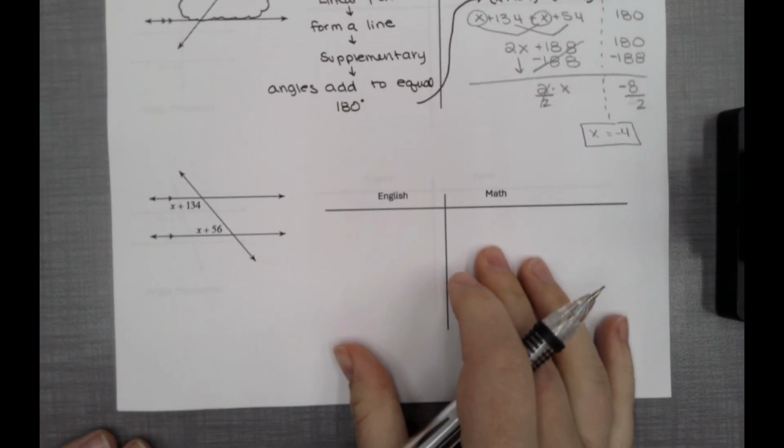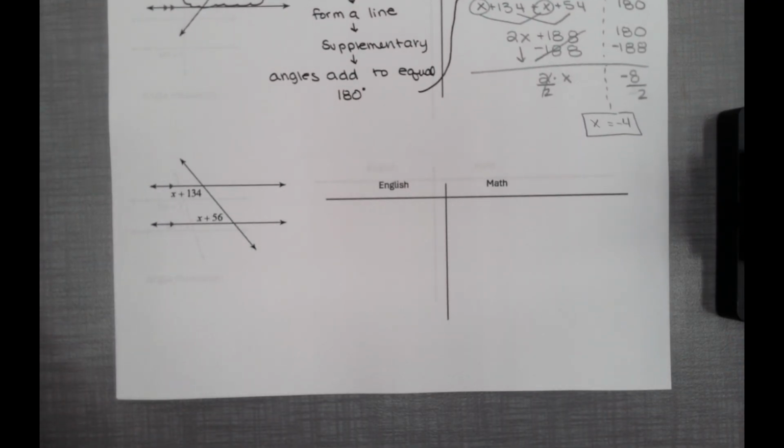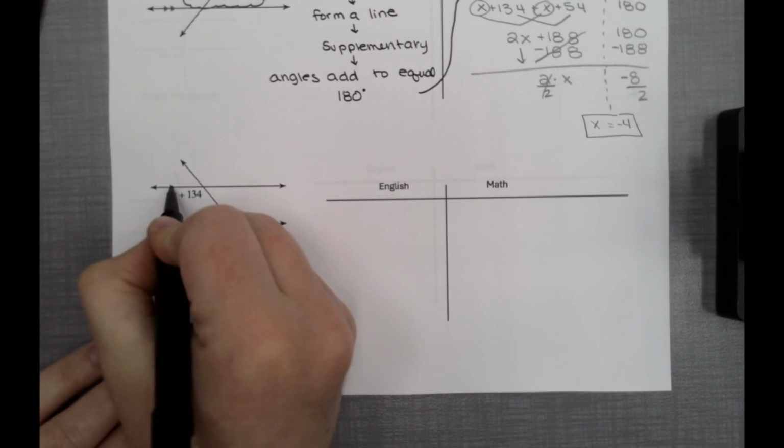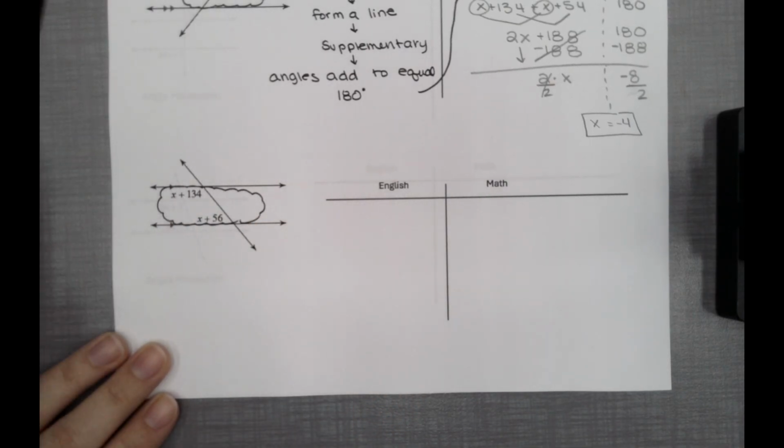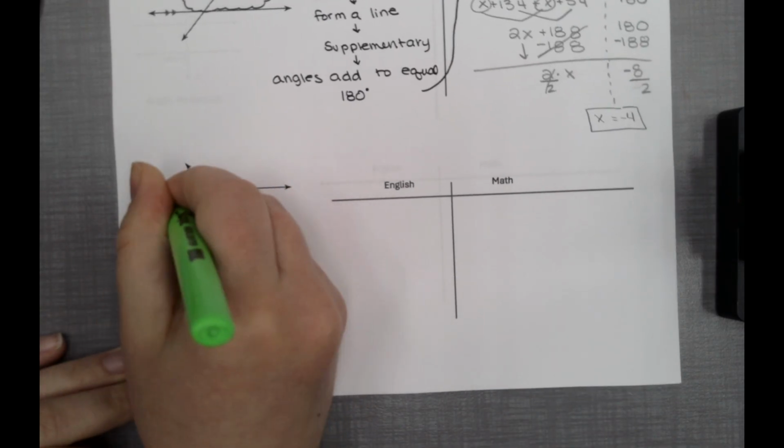Okay, last one on this page. Here's your thinking bubble for the inside of the parallel lines. Notice how we have both of the angles on the inside, and notice how both of the angles are on the same side of the transversal and on the inside. So these have a special name.